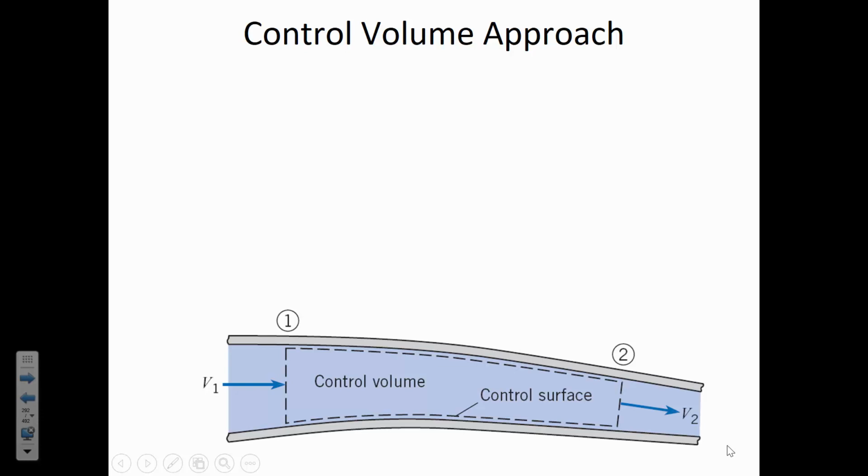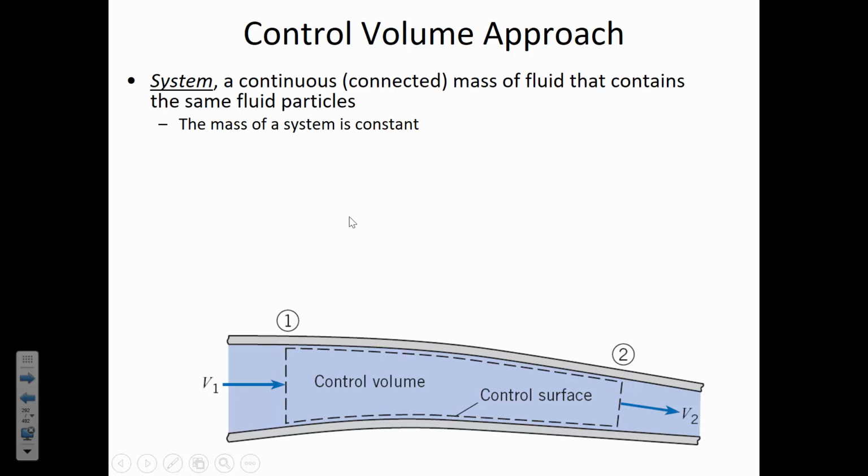And the control volume approach says, let's consider that there is a channel that a fluid is flowing through. And what we're going to do is we're going to keep track of what happens in just a certain part of that channel. And so the system is the particles themselves. It's the fluid. And the mass of a system doesn't change, but the location of the system changes over time.